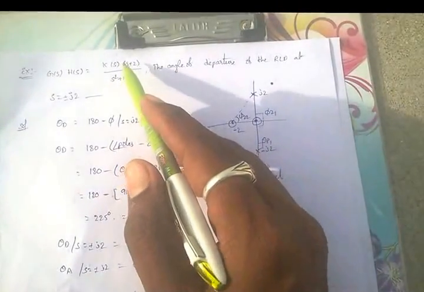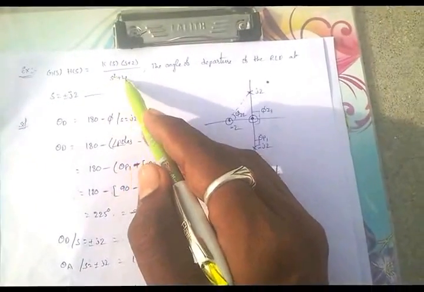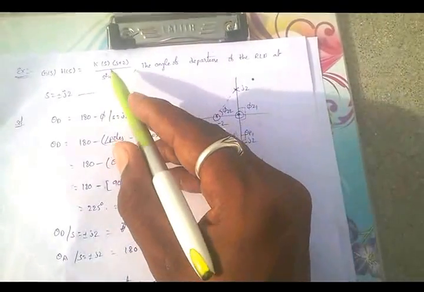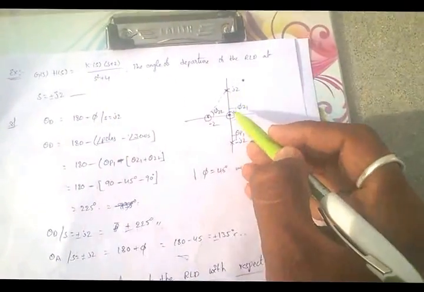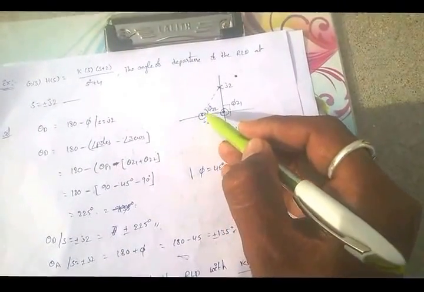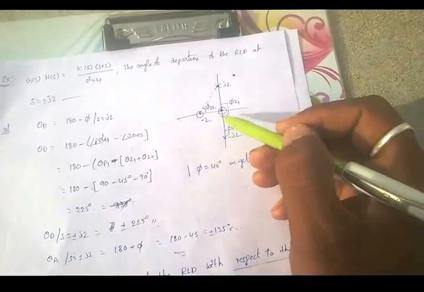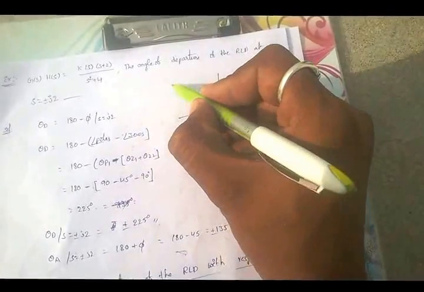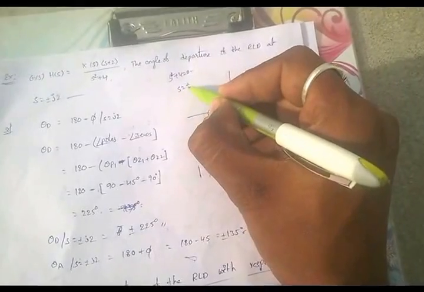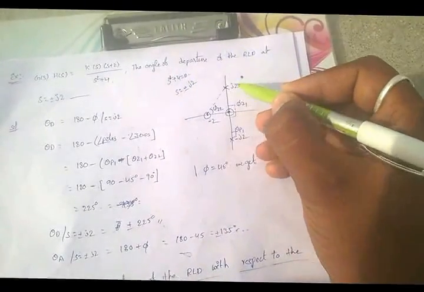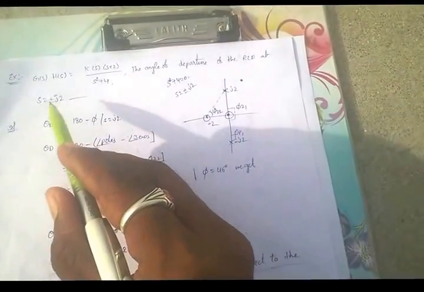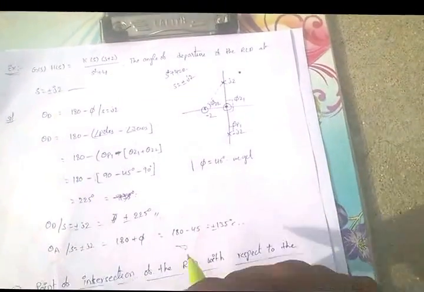Here we have one zero at minus 2, and two poles at plus or minus j2, because s square plus 4 equal to 0 means s equals plus or minus j2.